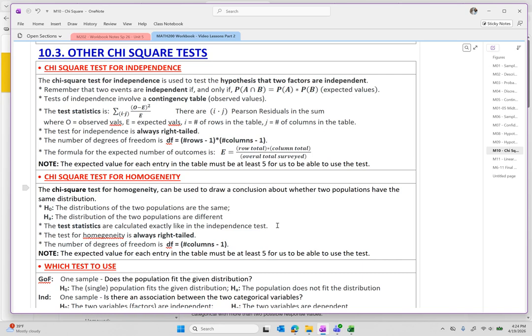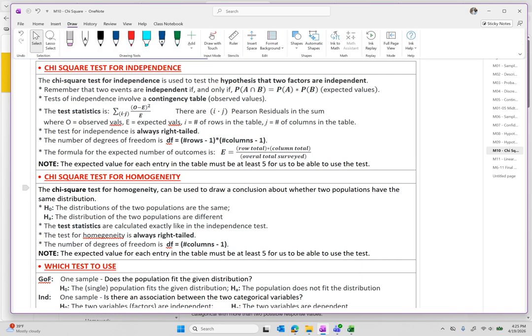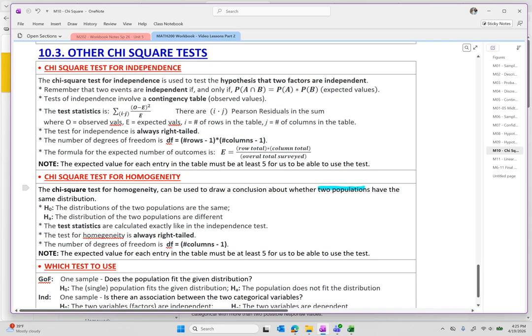The chi-square test for homogeneity can be used to draw a conclusion about whether two populations have the same distribution. I want to draw your attention to that. The book discusses the option for two populations.